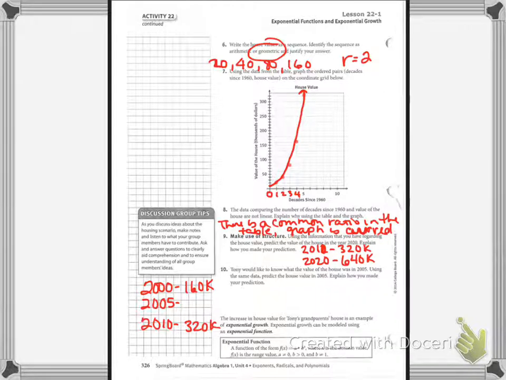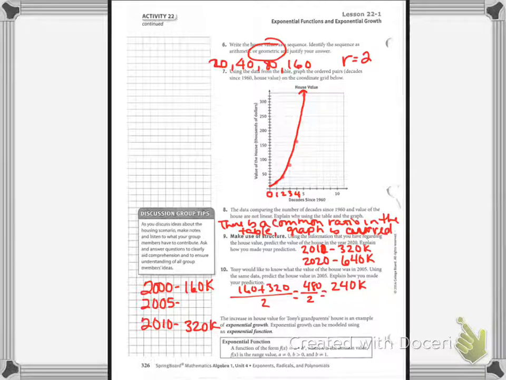We can average: 160 plus 320 divided by 2. Let's see, what would we get there? 480 divided by 2 is 240,000. We can do it that way.